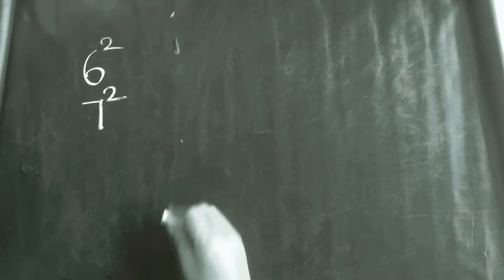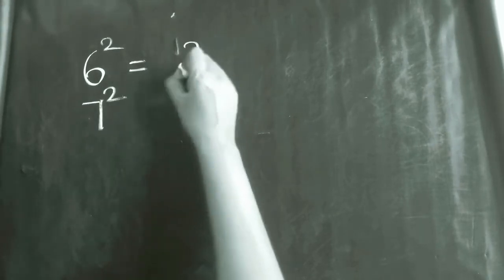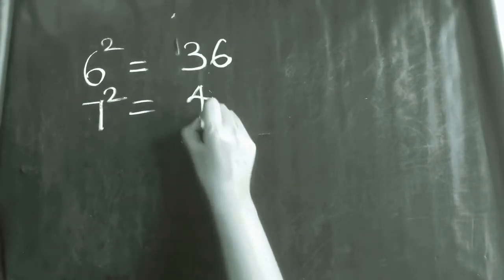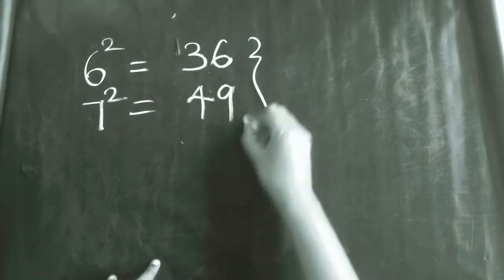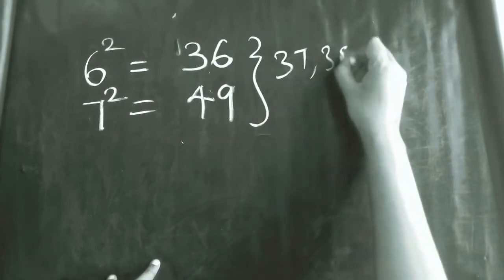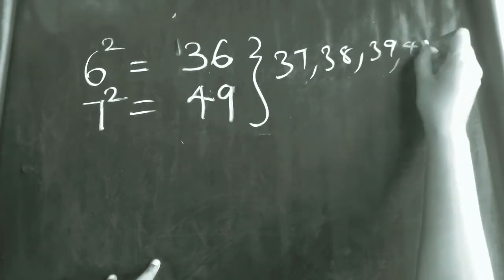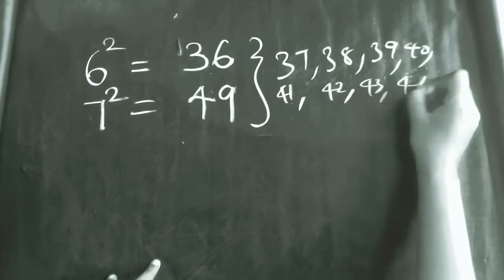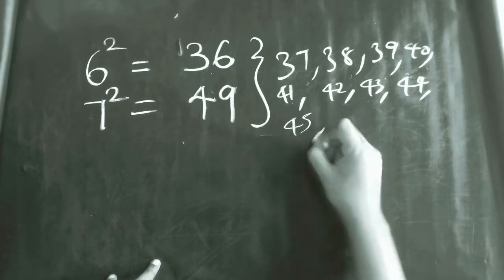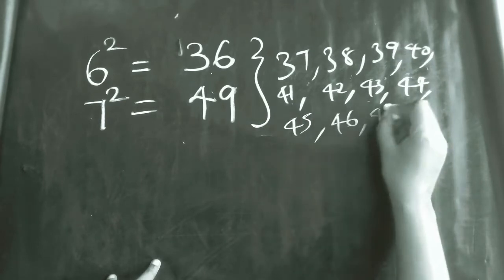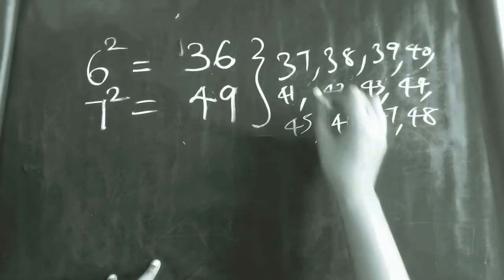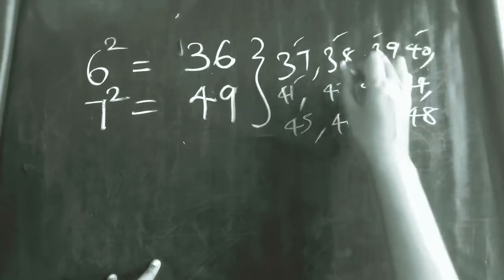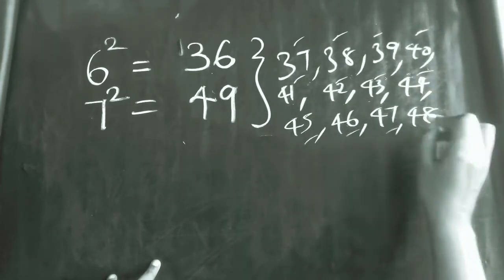Now let's try for these numbers. 6 squared is 36. 7 squared is 49. Between these square numbers we have 37, 38, 39, 40, then 41, 42, 43, 44, 45, 46, 47 and 48. So we have 1, 2, 3, 4, 5, 6, 7, 8, 9, 10, 11, 12.